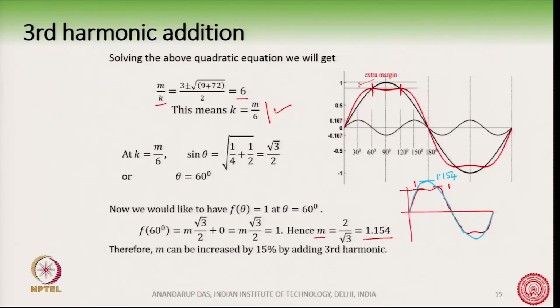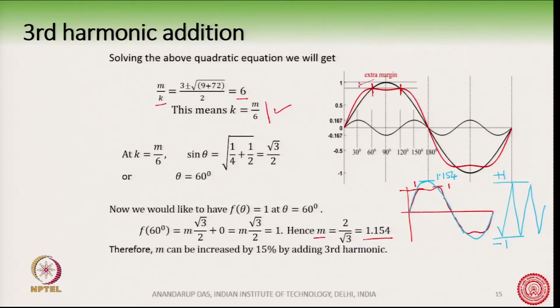In fact, it is 15% more, but with the help of the third harmonic we have made the resultant inside the +1 and -1, because our carrier is inside here. This is where our carrier is. We do not want to go into over modulation, we will always keep ourselves between +1 and -1, but the fundamental is actually more than that.